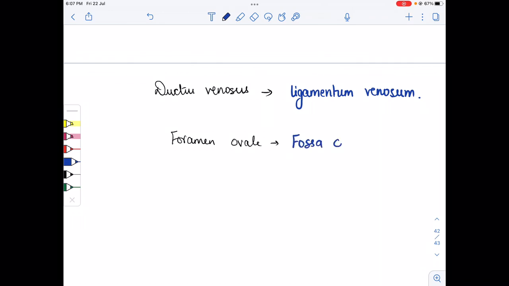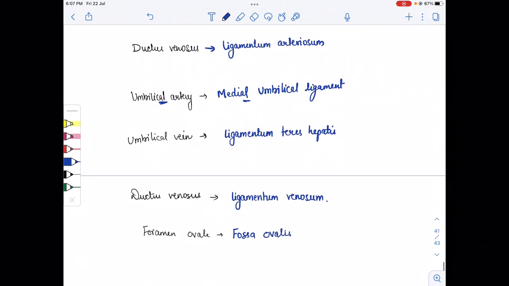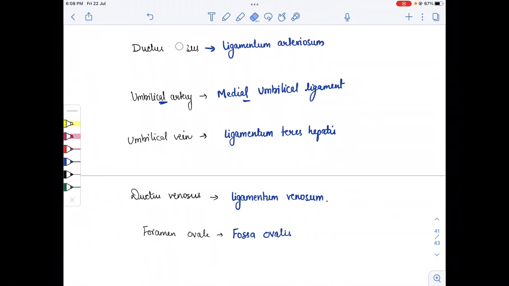The remnant of the foramen ovale is the fossa ovalis. So all these were the remnants: the ductus arteriosus becomes the ligamentum arteriosum, the umbilical artery becomes the medial umbilical ligament, the umbilical vein becomes the ligamentum teres hepatis, the ductus venosus becomes the ligamentum venosum, and the foramen ovale becomes the fossa ovalis.